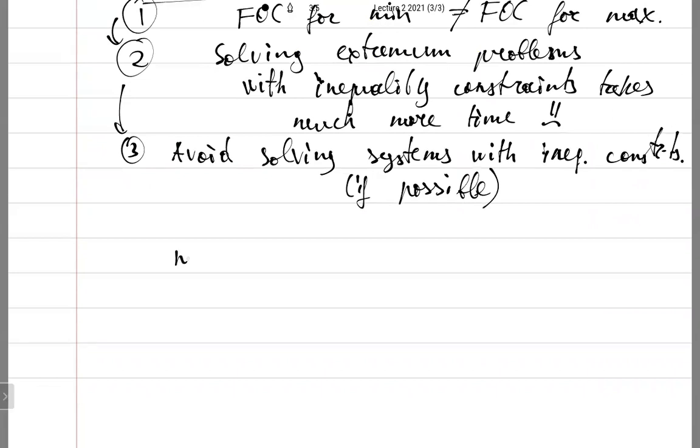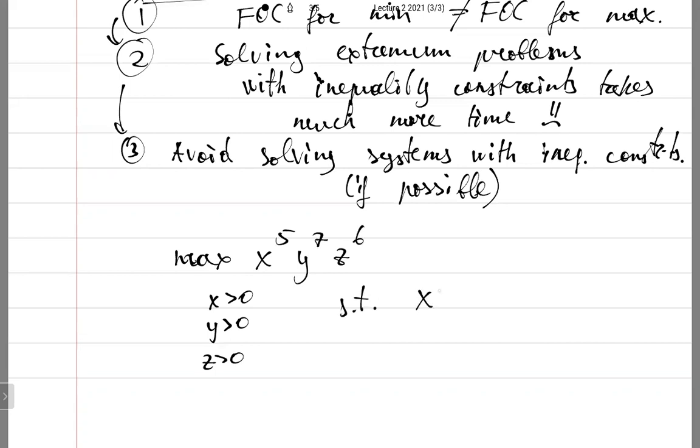For example, you are required to maximize, given x greater than 0, y greater than 0, z greater than 0, x to the power 5, y to the power 7, z to the power 6, subject to 2x plus 3y plus 4z less than or equal to 100.